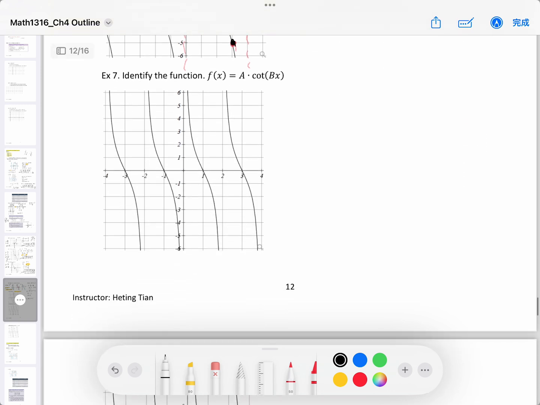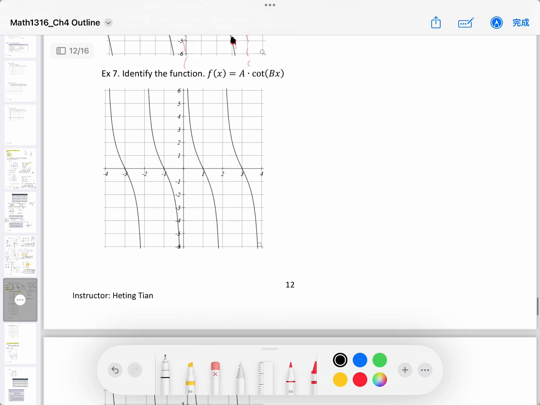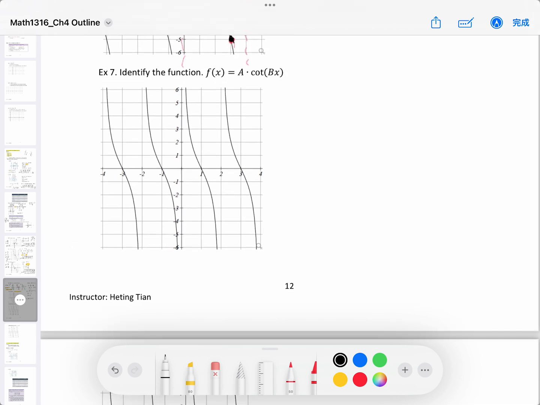Let's see the next example, number 7. Identify the function. It gave us a hint: f of x is equal to a times cotangent bx. No vertical shifting or horizontal shifting. Let's find the two vertical asymptotes.